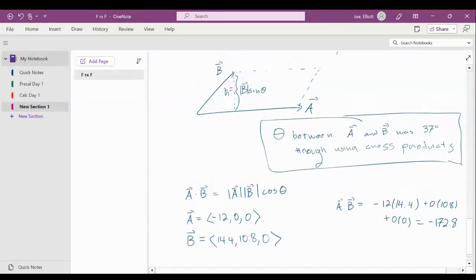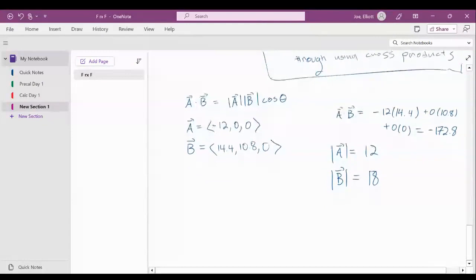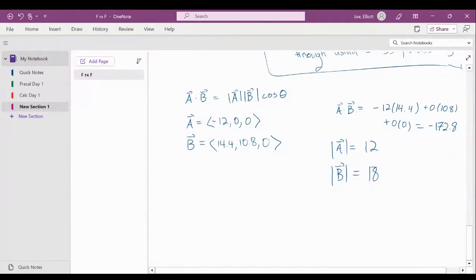Okay. Let's see. We knew that A equaled 12 and B equal to 18. Hopefully we'll get a 37 out of this, but I'm concerned about the negative. Theta equals cosine inverse.